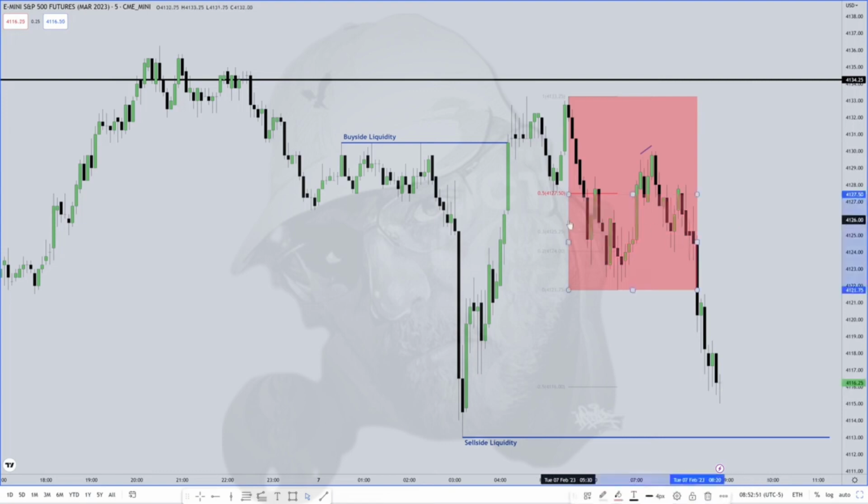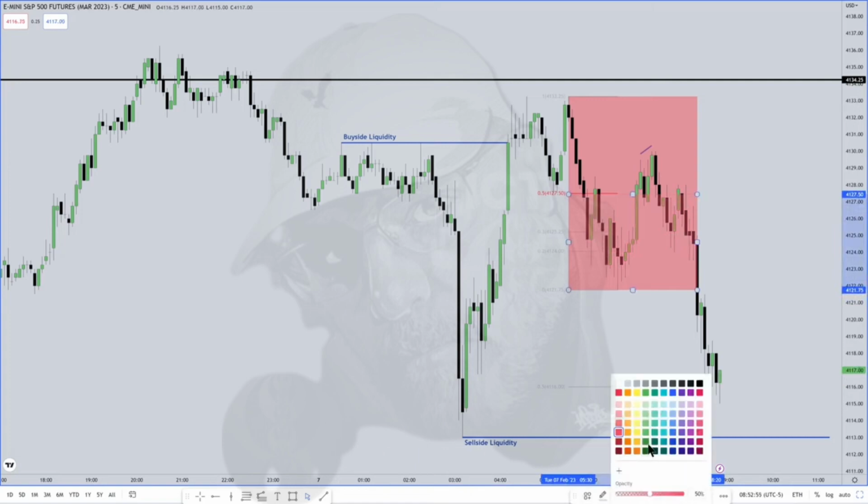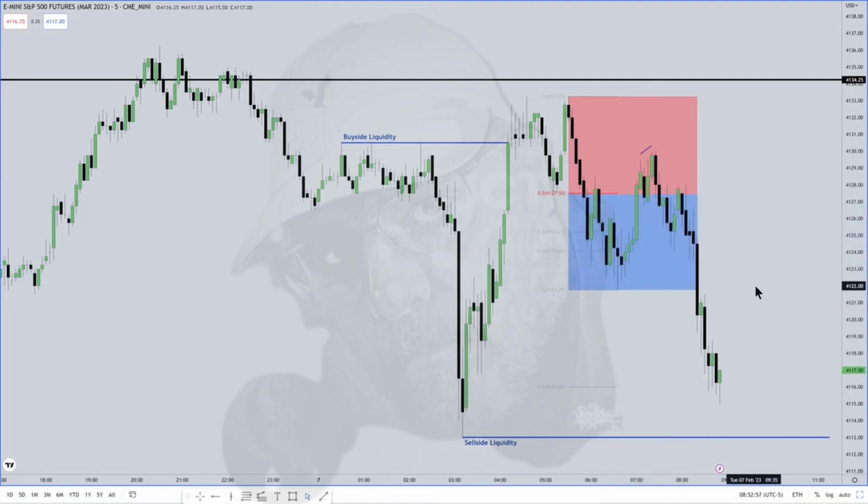This discount, okay, in the red shaded area above this level here, that's a premium. Above it or at that level, they're your ideal shorts.